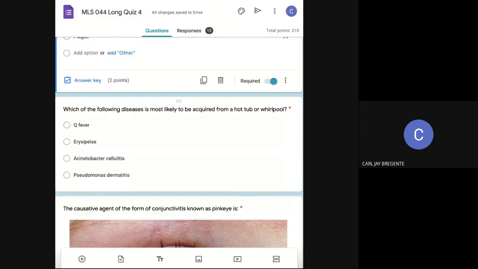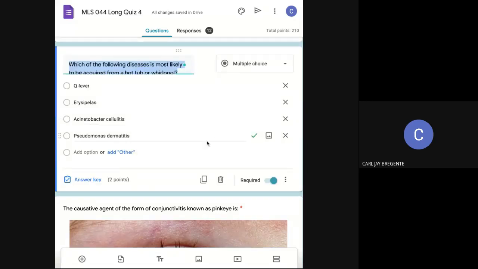Which of the following diseases is most likely to be acquired from a hot tub or whirlpool? So you think of organisms that can be acquired from water sources. The correct answer is Pseudomonas dermatitis. Because Q fever is acquired from inhalation or direct contact.